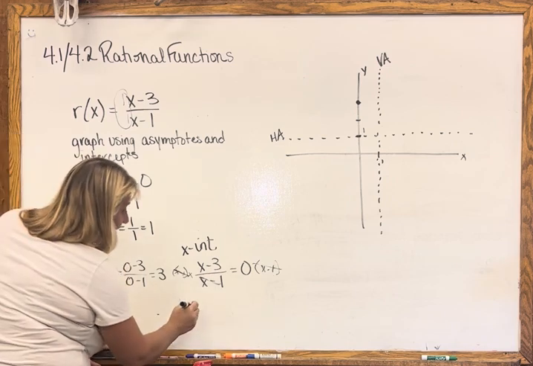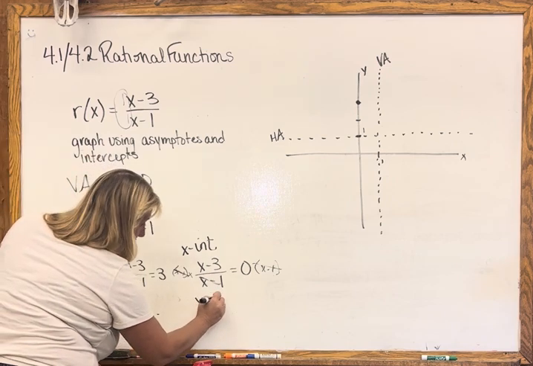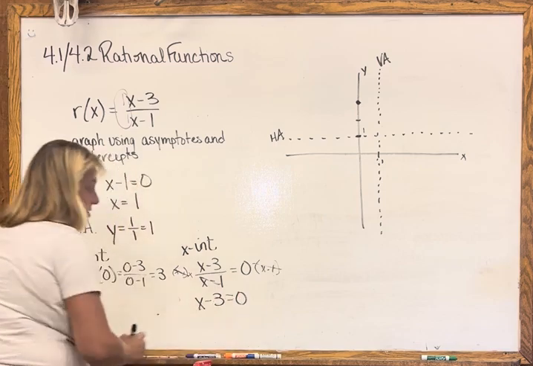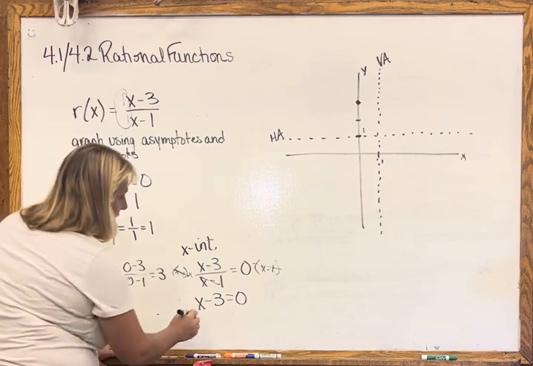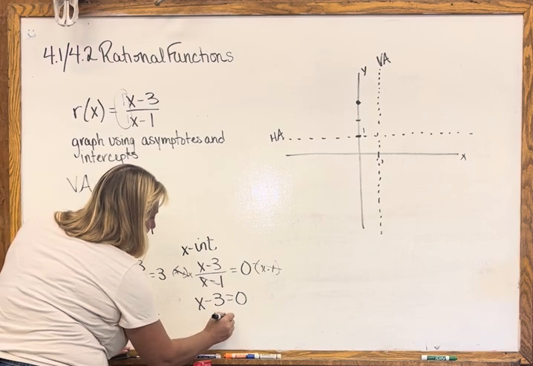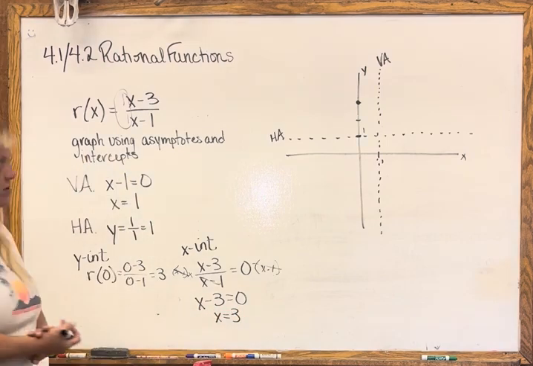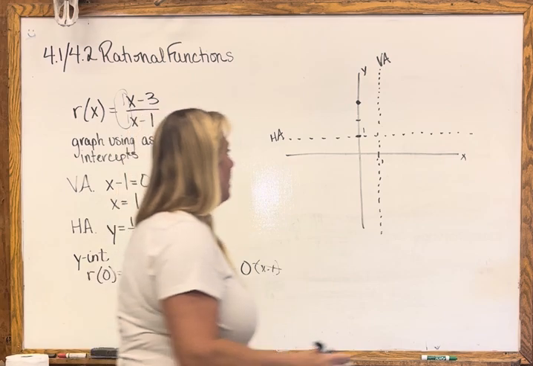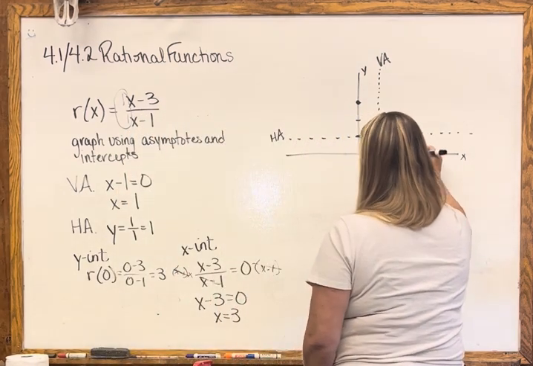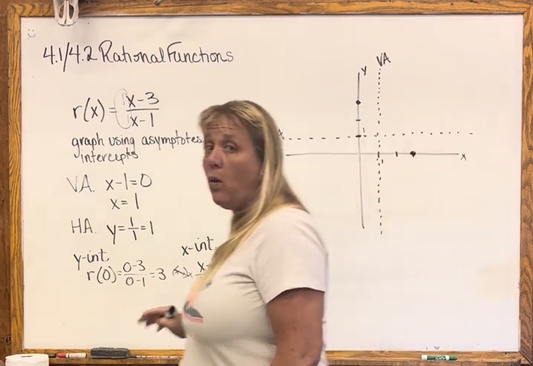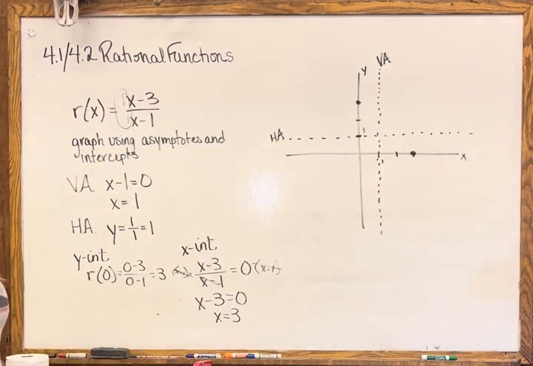So it's really just setting the numerator equal to 0. So it's actually not that bad after all. So numerator equal to 0, this is going to also say that x is equal to 3. So x is equal to 3.